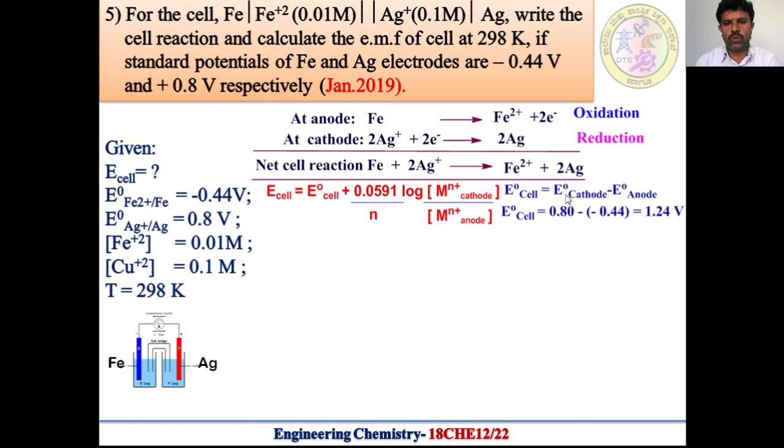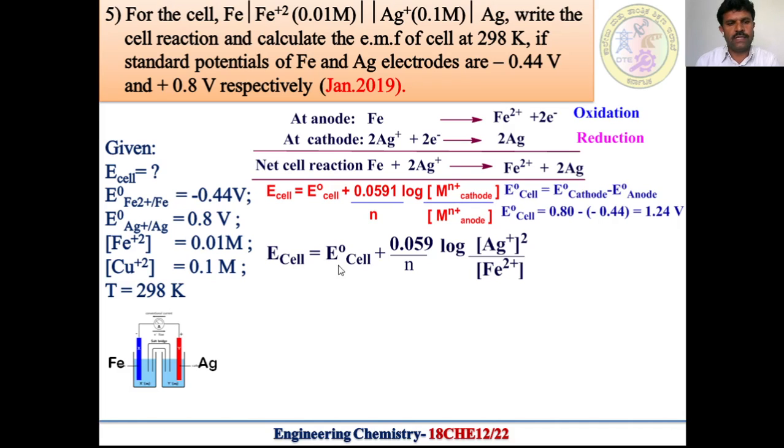E0 cell is equal to E0 cathode minus E0 anode. Here iron is the anode and silver is the cathode. The silver E0 value is 0.80 minus the E0 value of the anode iron, that is minus 0.44. So the E0 cell is equal to 1.24 volt.